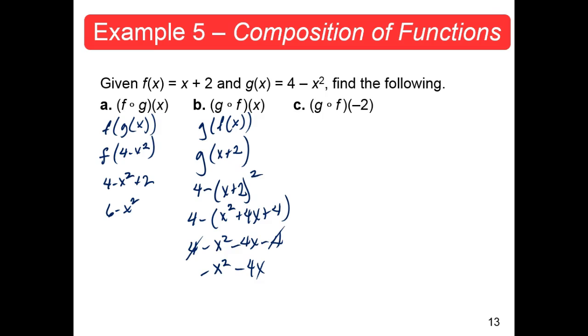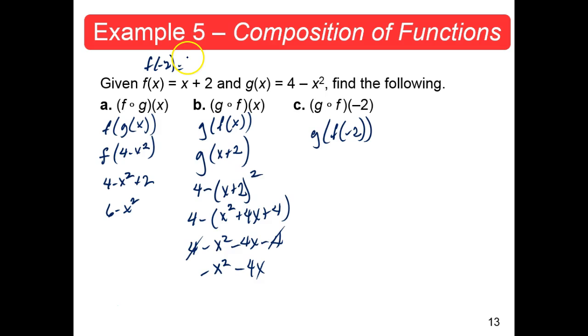Okay? Next thing. What do we mean by g of f of minus 2? G of f of negative 2. And what would that be? What's f of minus 2?